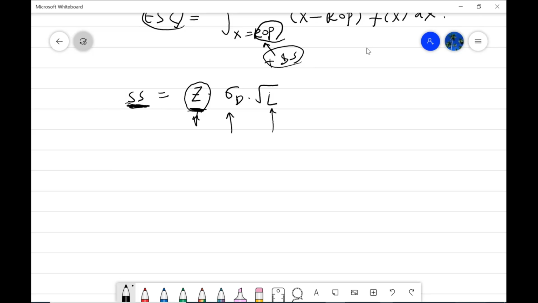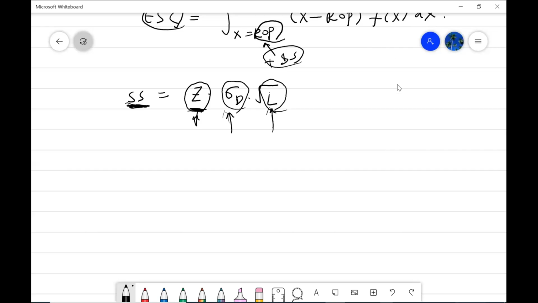On the other hand, as I mentioned, both demand uncertainty and lead time are not under your control. Demand is under the control of the customer, and lead time is under the control of the supplier.